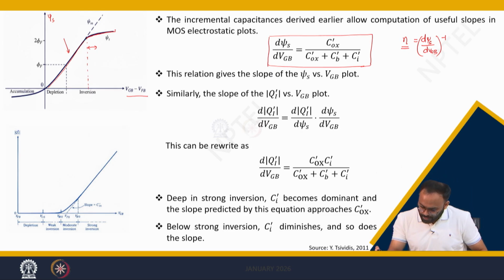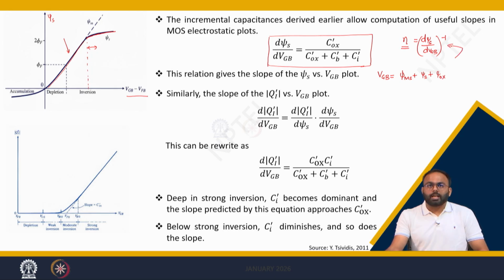Let us do some mathematics and use our basic potential balance equation, which is VGB equals phi ms plus psi s plus psi ox, to calculate this slope, which means d psi s by dVGB inverse.